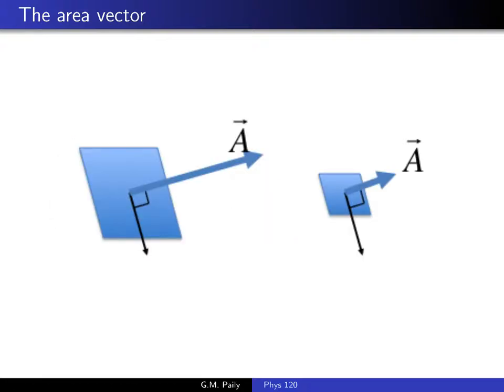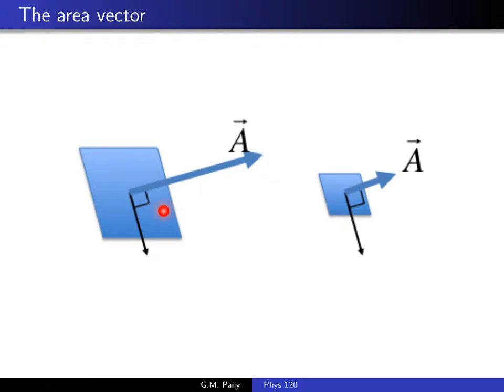Let me again make two points about the area vector. It is perpendicular to the surface. This black arrow is tangent to the surface, but the area vector is perpendicular to the surface. So there's a 90-degree angle between the tangent and the area vector. And the other is that the size of the area vector depends on the area of that surface.